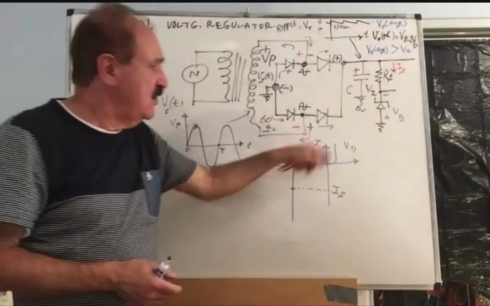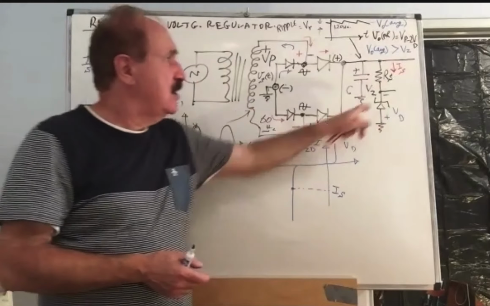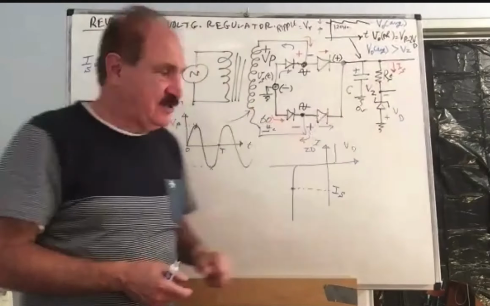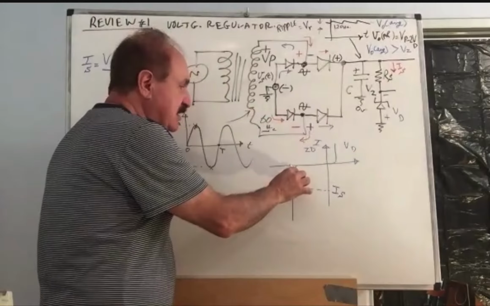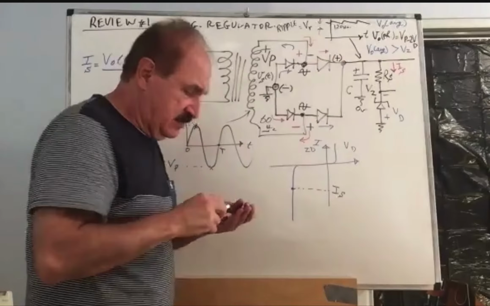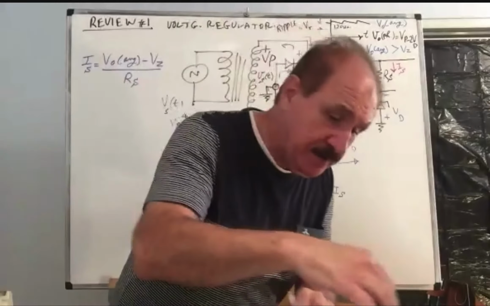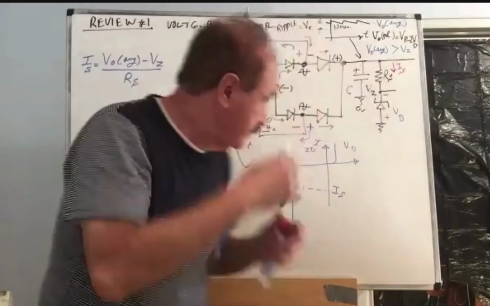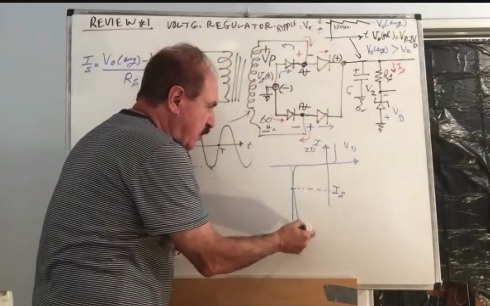So all of that current will flow through the Zener, and we will get a Zener voltage right there. Now, if this line happens to be completely vertical, as an ideal Zener, there would be no worries.